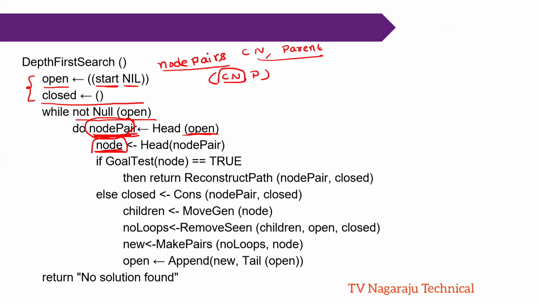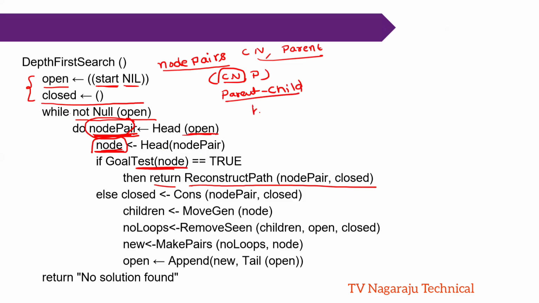Now, whatever node you are retrieving, if this is the goal node, we simply return reconstruct path of node pair comma closed. What is meant by reconstruct path? Simple thing. Here, the DFS stores the elements in the form of a parent and child relation.